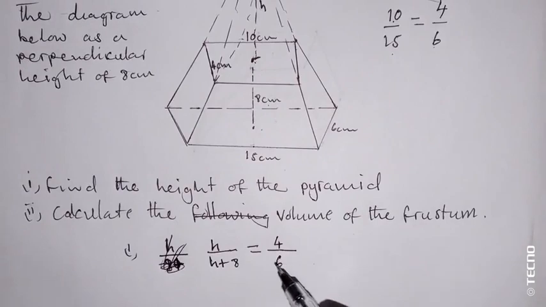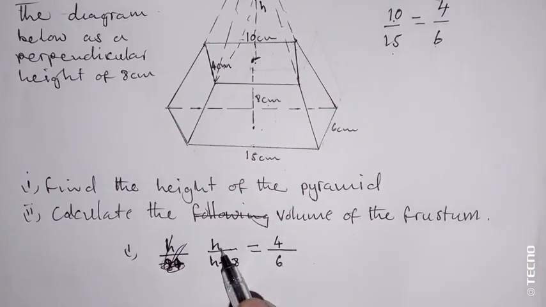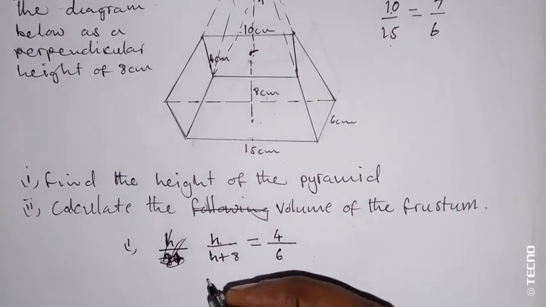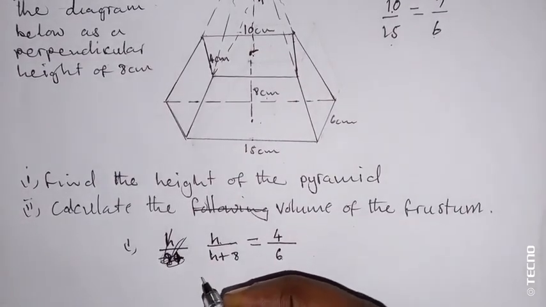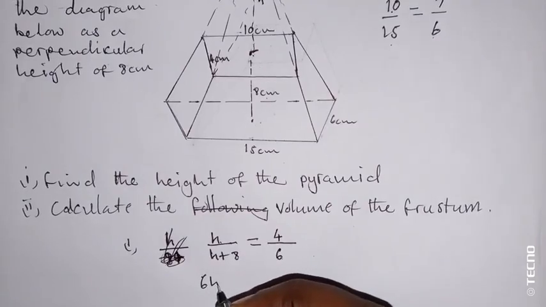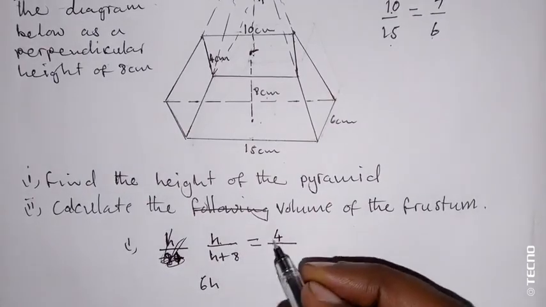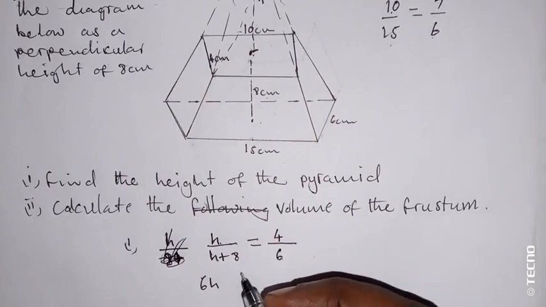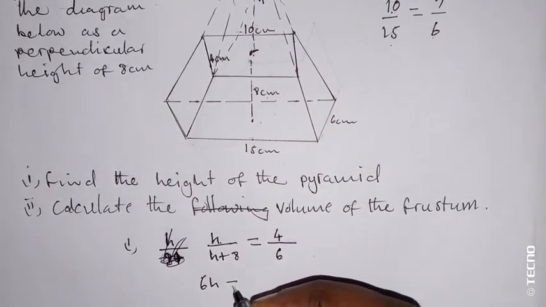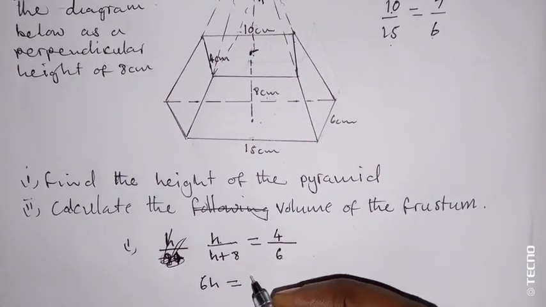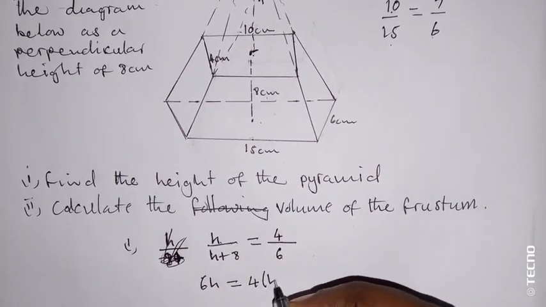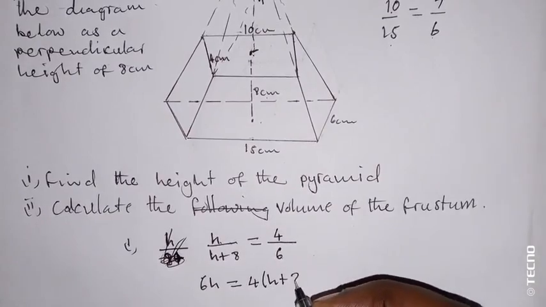Before I can do that, we can cross multiply. So 6 times H, we are going to have 6H. Then this and this, we can say 4 open bracket H plus 8.